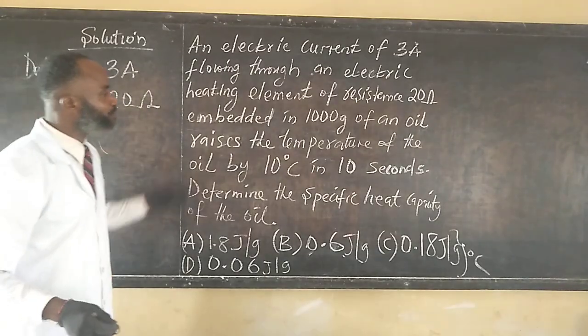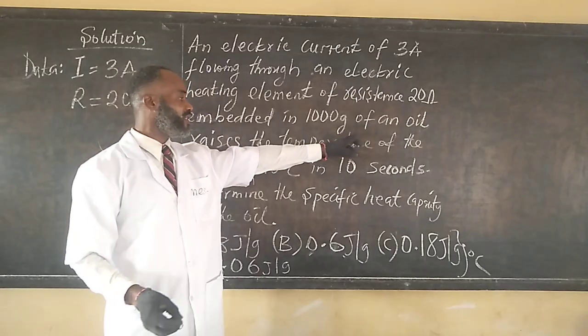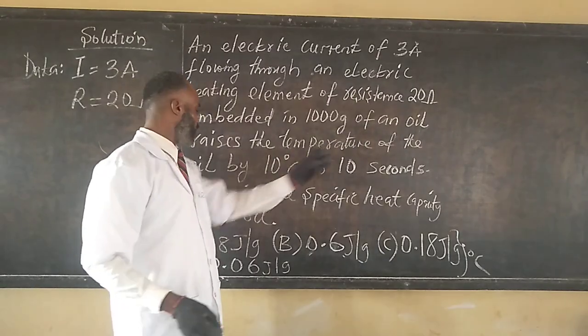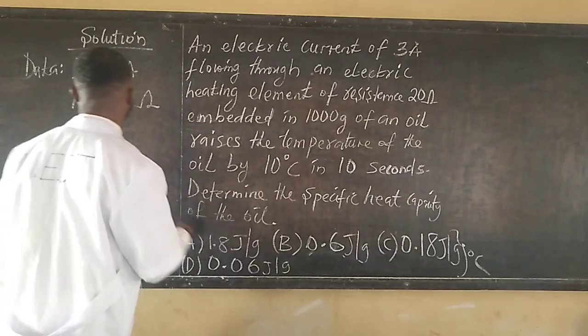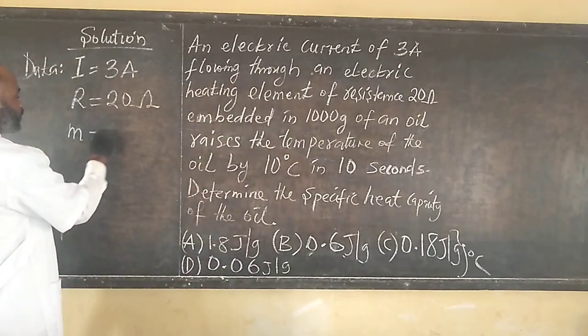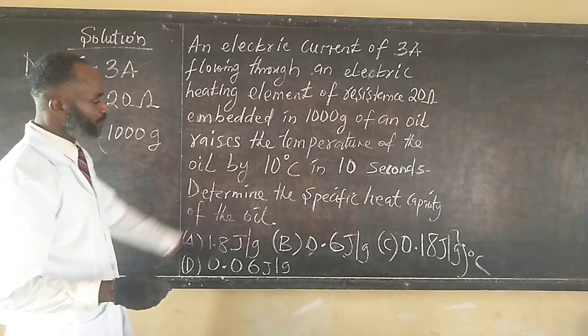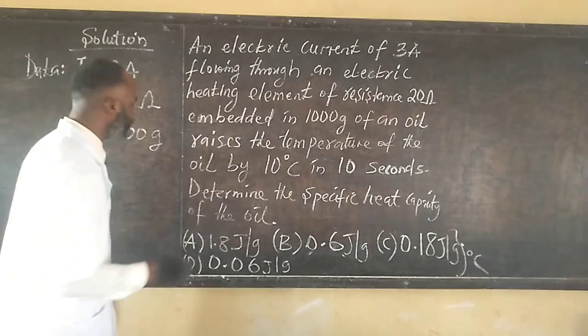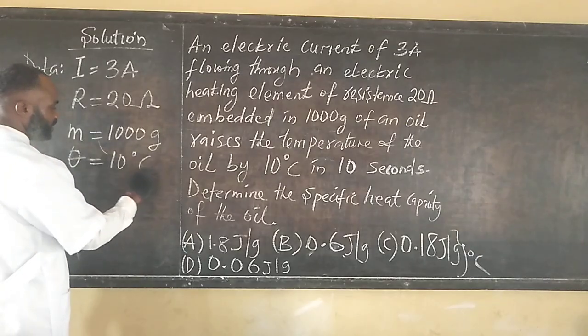And then embedded in 1,000 grams of an oil, raises the temperature of the oil by 10 degrees Celsius in 10 seconds. So mass M is equal to 1,000 grams. Temperature of the oil is 10 degrees Celsius, that is theta is equal to 10 degrees Celsius.